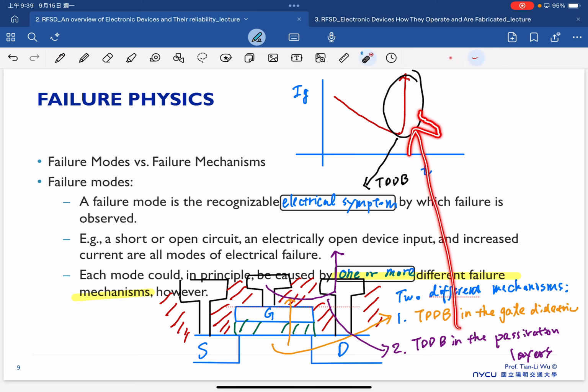So it's very important that when we consider the failure mechanism, we think in a very comprehensive way, not only focusing on one region. Sometimes we have to consider that another region might also induce degradation. That's the difference between failure modes versus failure mechanisms.